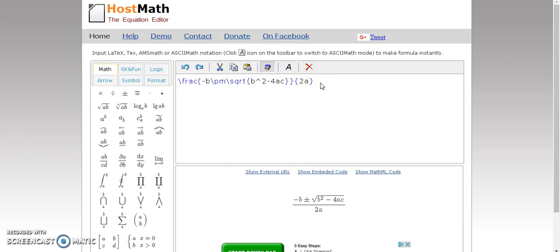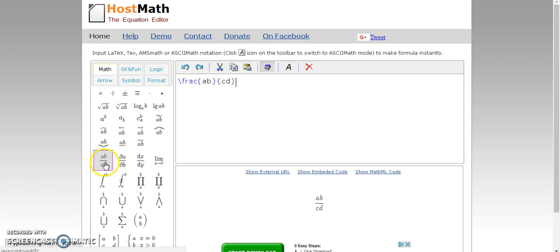Now, you guys might be like, well, that seems weird. Why do we have to do it this way? So how does this work? If we wanted to recreate the quadratic formula, first of all, it's a fraction, right? So if I come over here to the left panel, if I click on the Math tab, which is already defaulted to, I notice a whole bunch of different options here.